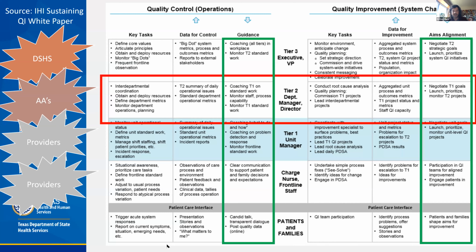Here's another thing that we have been showing in most of our trainings with you from the IHI Sustaining QI white paper. What we see here is the red bar is our level as the AAs, and then the green bars are what this means for us in terms of our activity at the AA level for this evaluation piece. So as the AAs, we provide coaching on standard work and on the activities that happen at that provider level.